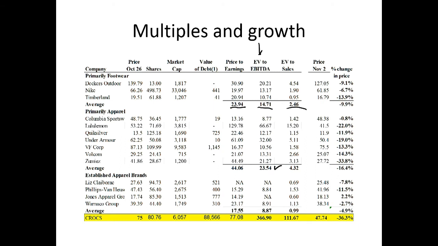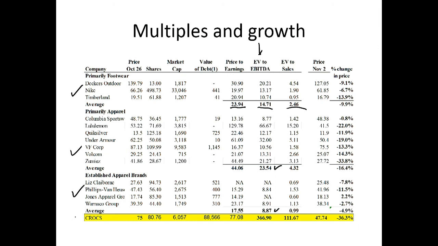And established name apparels are about 8. If we go back and look at growth, on average the growth rate for this one is the highest, the next is the next highest, and this one is the lowest. So we see that these averages line up.